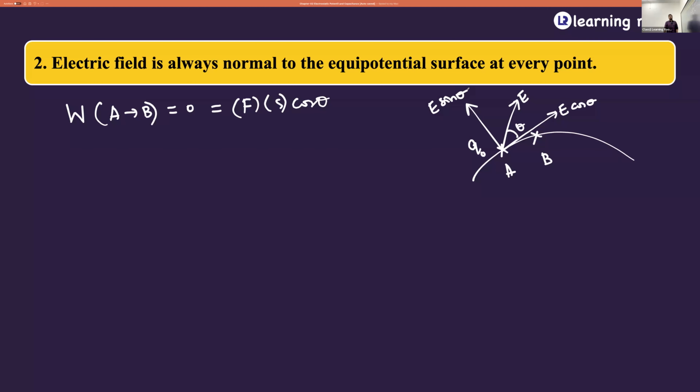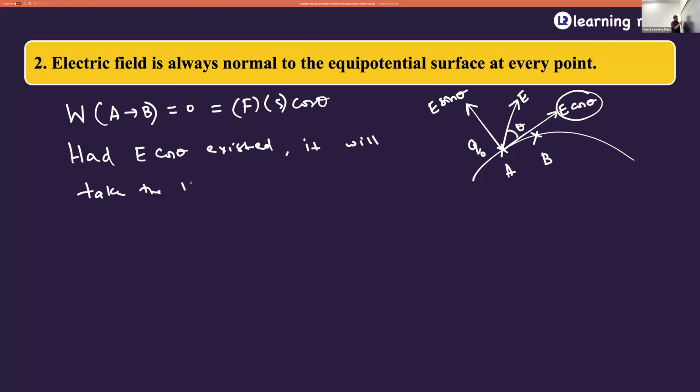So had this E cos theta component existed, it would have carried the test charge along the curve.